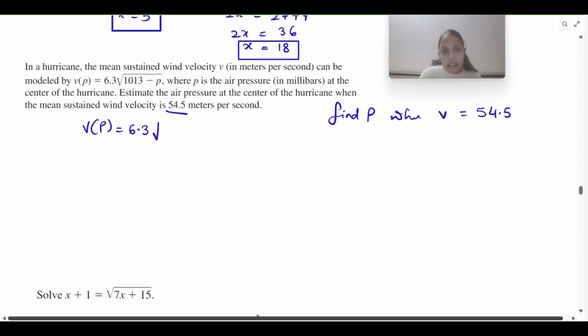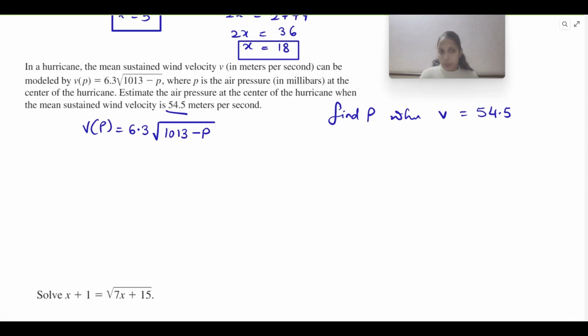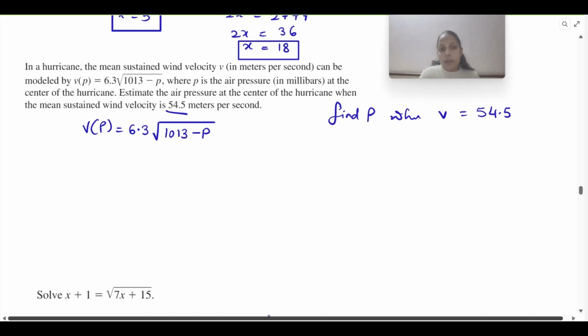V of P equals 6.3 square root of 1013 minus P. Now substitute the value of V. It's 54.5. 54.5 equals 6.3 square root of 1013 minus P. Divide by 6.3.